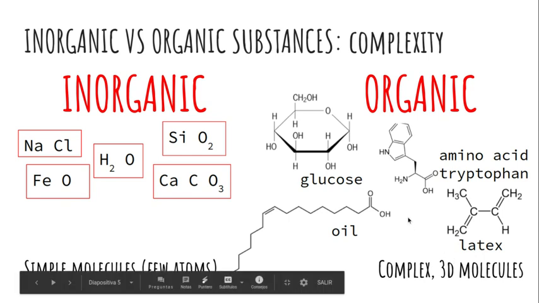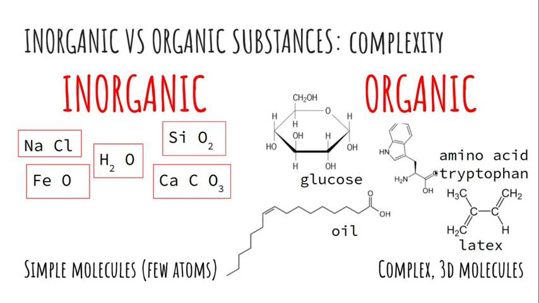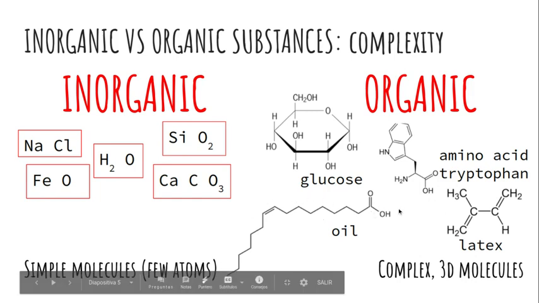Now, what do you think makes all these atoms, these 24 atoms, join in this very particular way? What do you think makes these 17 atoms, if I'm not wrong, join up in this very particular way? How do you think these almost 50 atoms join in this particular way?